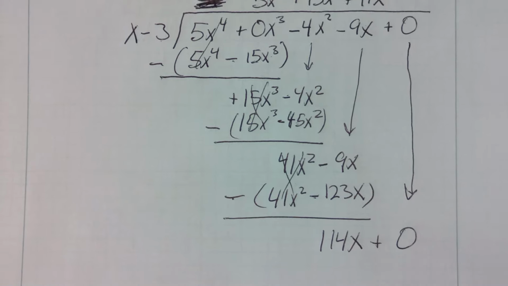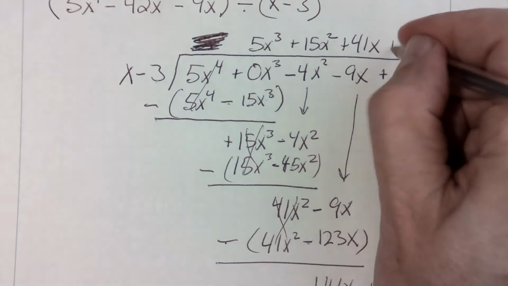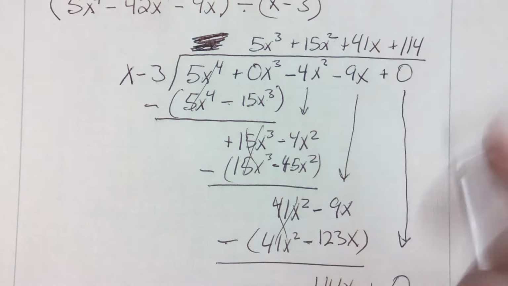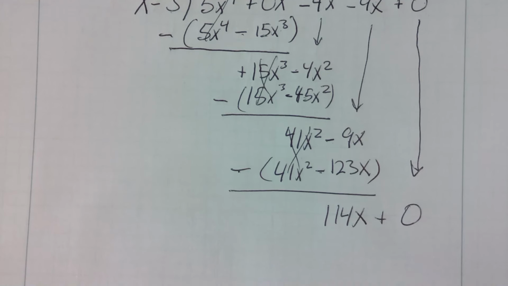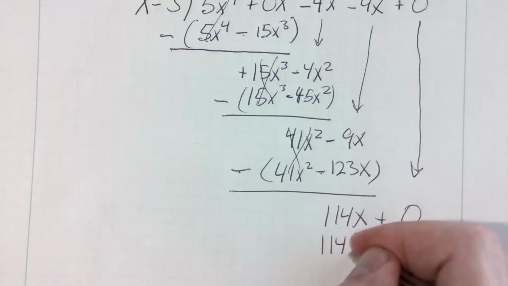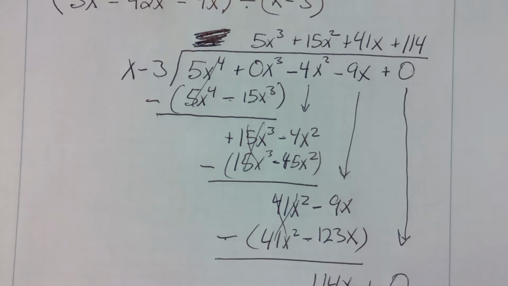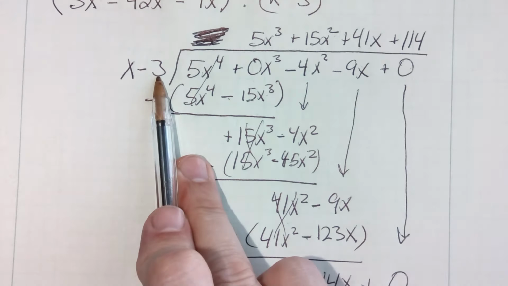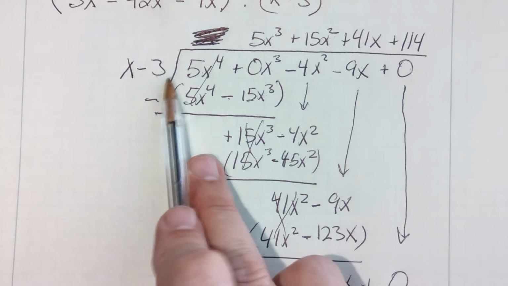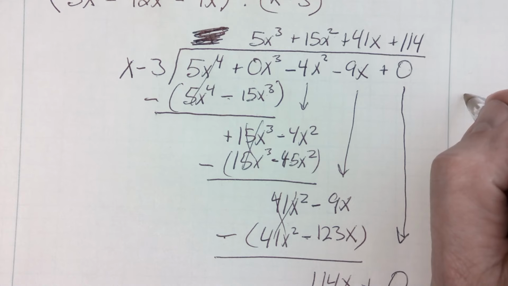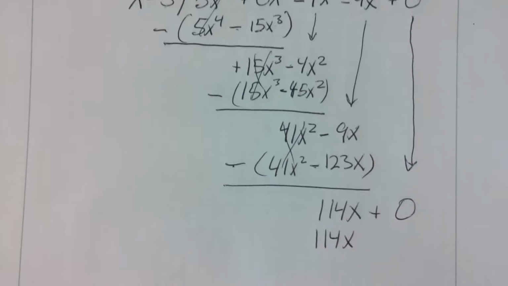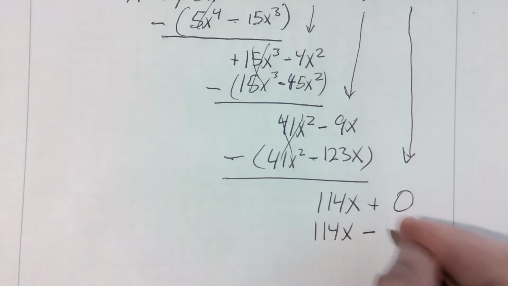I would multiply it by a positive 114. So 114 times x gives me this 114x. Do not forget to multiply the 114 by that second term in the divisor. 114 times 3 is going to be a very big number. What is that? 342. Yep, 342. So that's going to be, and then by the way, it's a negative 342.